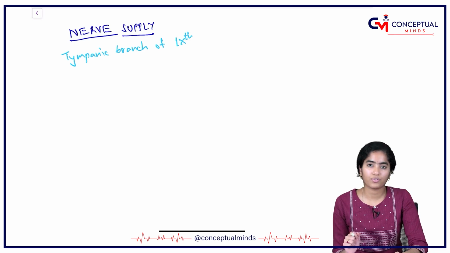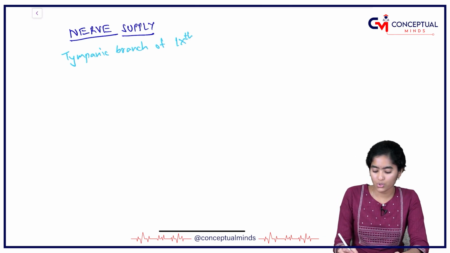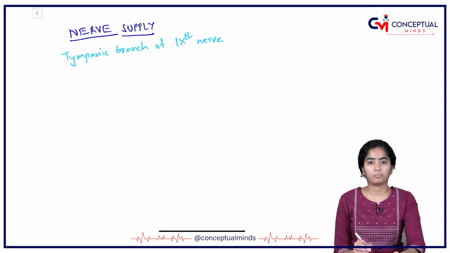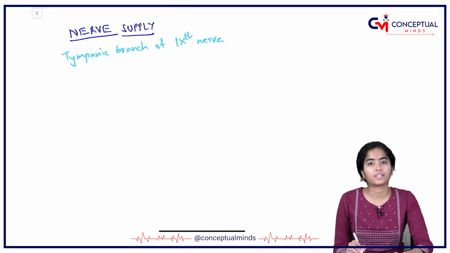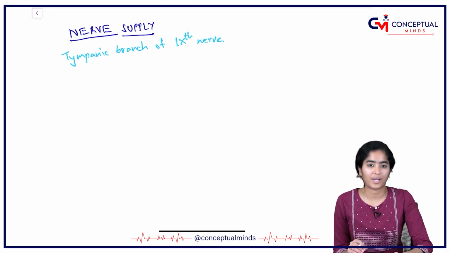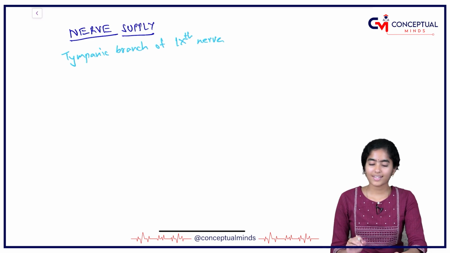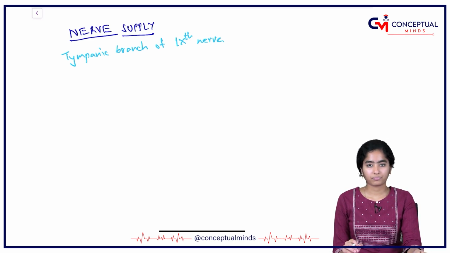So the same glossopharyngeal nerve supplies the Eustachian tube also by its tympanic branch. It supplies both sensory and parasympathetic secretomotor fibers. This is about the nerve supply.